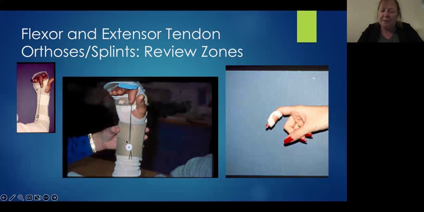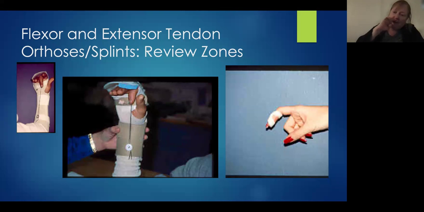This rubber band traction is following the Kleinert protocol, but there are different protocols out there that don't use rubber band traction. What they all do use is the dorsal protection splint, this dorsal blocking splint, because it protects the wrist and hand from going up into full extension, because the surgeon just repaired the flexor tendons. And the last thing you want is for that person to go into full extension.